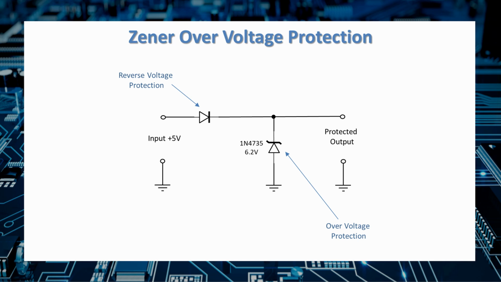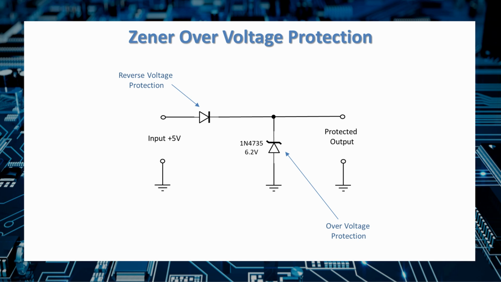Here's another great application example for a Zener diode. You remember in our rectifier diode lesson, we talked about building in reverse voltage protection by putting a rectifier diode in series with our power input. Here, we can put a Zener diode in reverse in parallel with the power input, and we'll get over voltage protection.